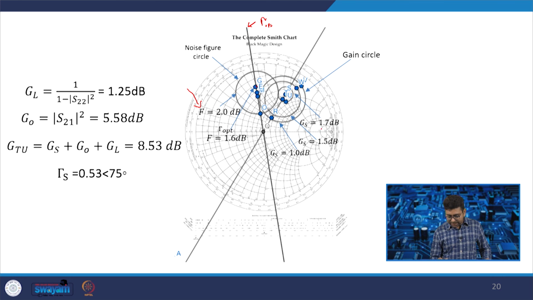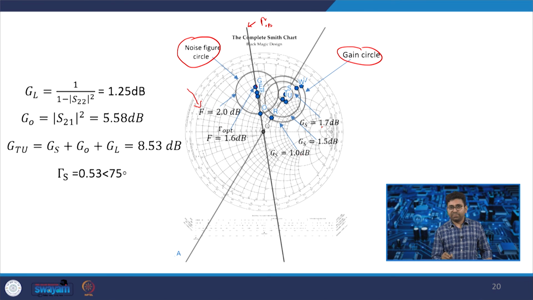So you can see here the gain circles for 1.7 dB, 1.5 dB and 1 dB. As we are reducing the gain, the gain circles are increasing. So we need to find a point at which both circles, the noise figure circle and the gain circle, will intersect with each other.